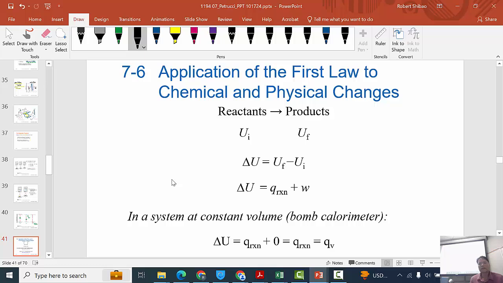And so let's take a look at 7.6, applications of the first law here. And so recall, we don't calculate these. These are called absolute internal energies, and they are not determined accurately. Absolute internal energy is typically not determined.